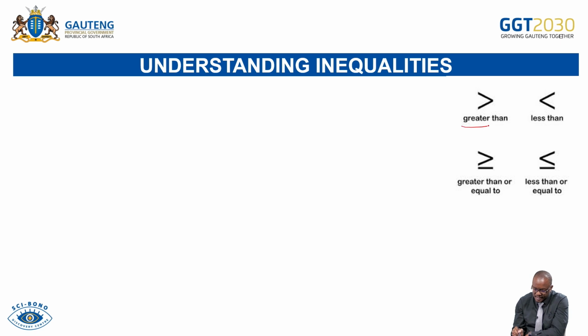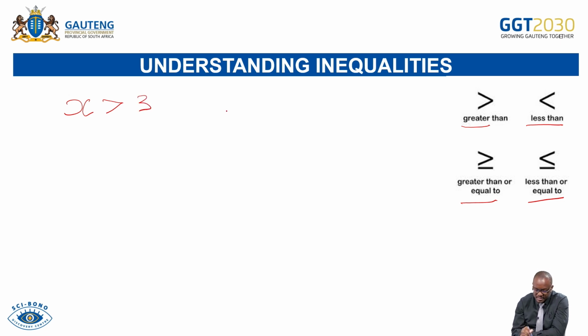Remember, we have greater than, less than, greater or equal to, and less than or equal to. So suppose that we are having x is greater than 3, correct?